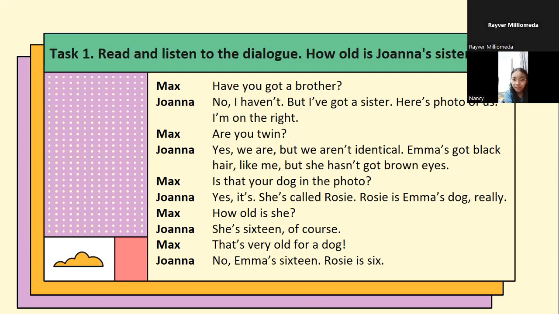Emma's got black hair like me, but she hasn't got brown eyes. Is that your dog in the photo? Yes, it's called Rosie. Rosie is Emma's dog, really. How old is she? She's 16, of course. That's very old for a dog. No, Emma's 16. Rosie is 6.